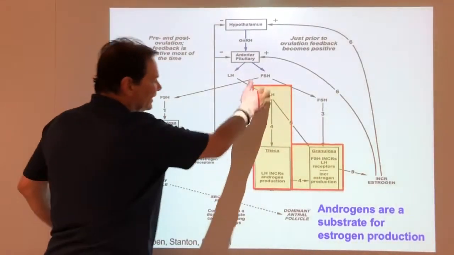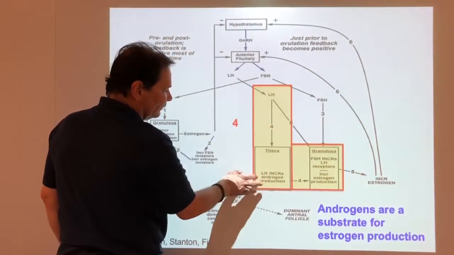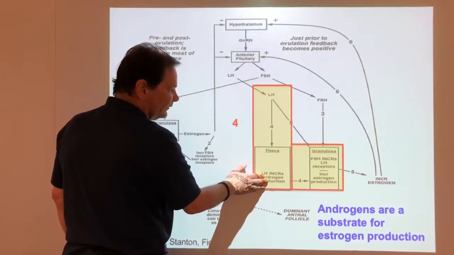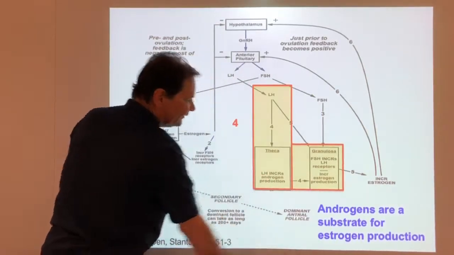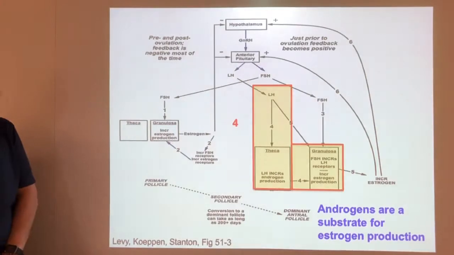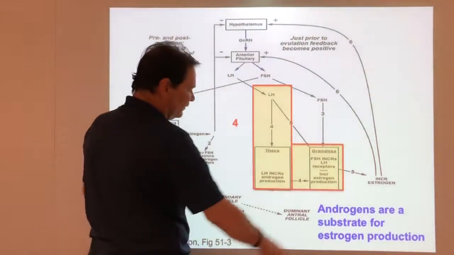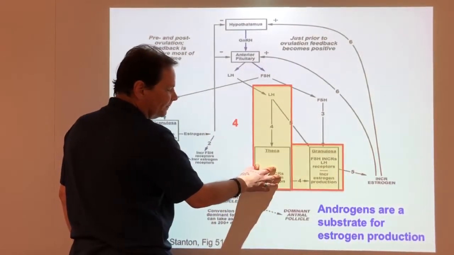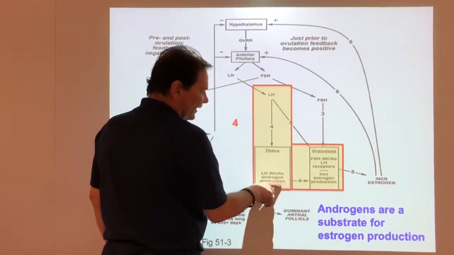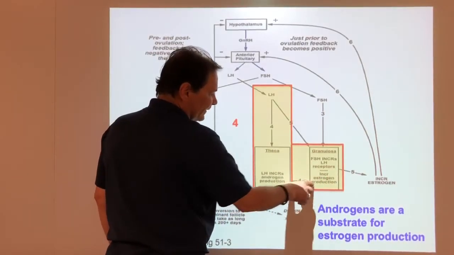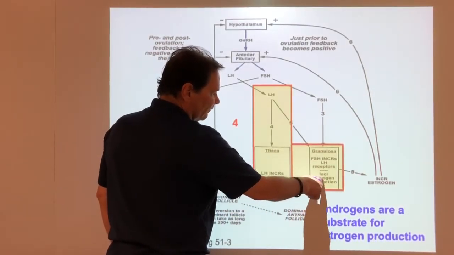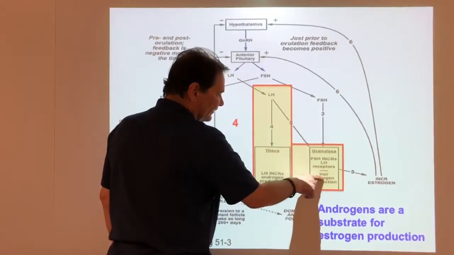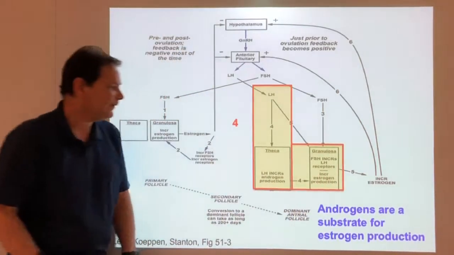LH also begins to act upon the theca, and this is where a lot of your androgens are produced. And again, androgens are a substrate for estrogen production. So the androgens are produced in the theca, and then the androgens diffuse to the granulosa where they feed in as a substrate for estrogen production.